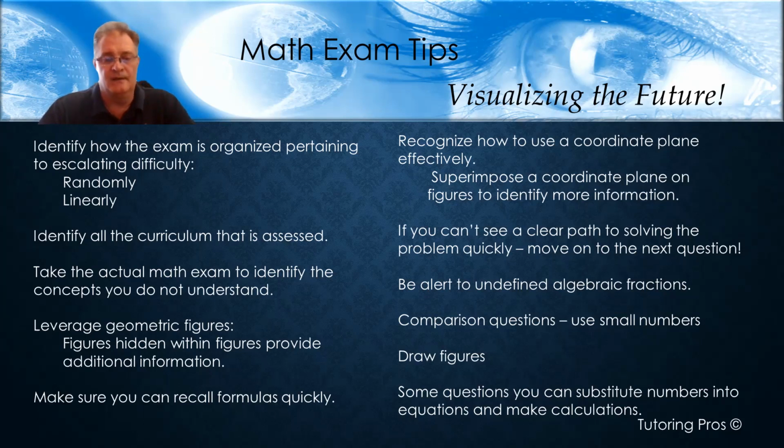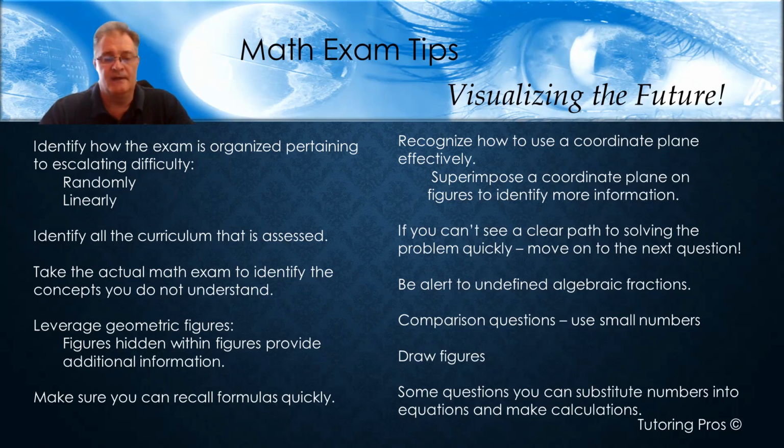The other thing is, most people see a figure on an exam and they don't see other figures that could be within the figure that is not hidden, but it's just not obvious.